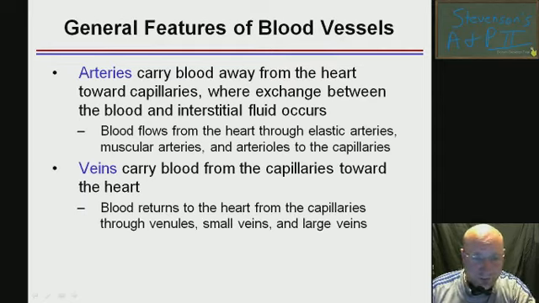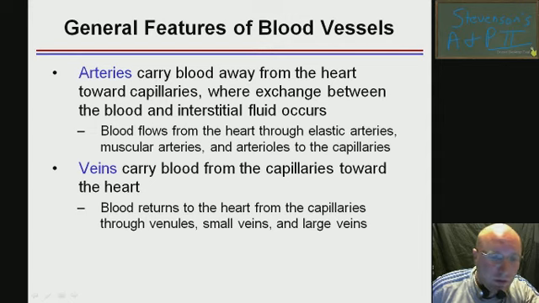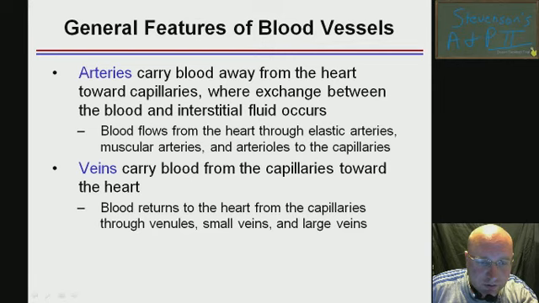Arteries. One thing to get to know about the arteries is they don't always carry blood that has oxygen in it. There's an exception to that, and that's going to be your pulmonary artery. The blood that goes from the heart to the lungs does not contain a lot of oxygen. It goes to the lungs to get oxygenated.